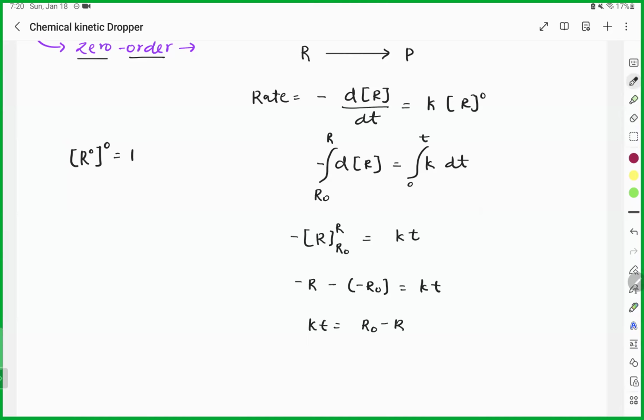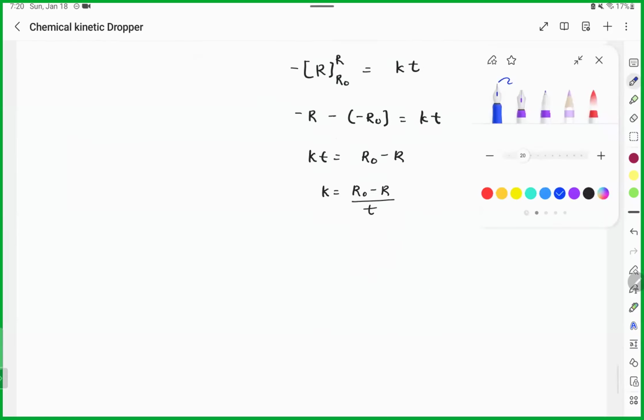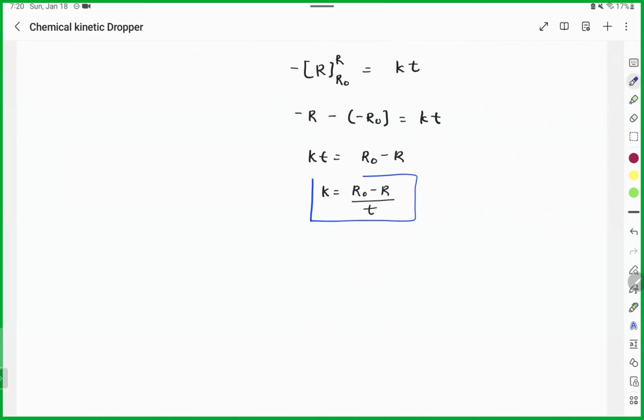Any doubt? So the k value will be equal to R naught minus R divided by time. Any doubt, guys? No, sir. Now you can make a graph, and the graph is asked in your exam.